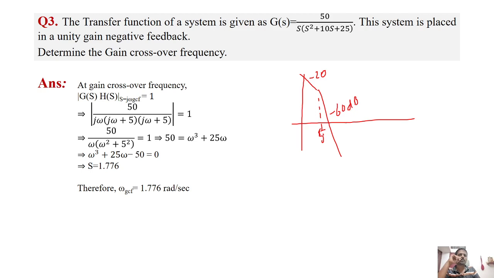This is for the loop gain, sir? Yes, the loop gain and g of s are the same here, because h of s equal to 1. So both g of j omega and the loop gain g of s into h of s are the same. Did I draw it as -40 previously? No, sir, it was -60 only. Okay, then no problem. So this is the proper way.